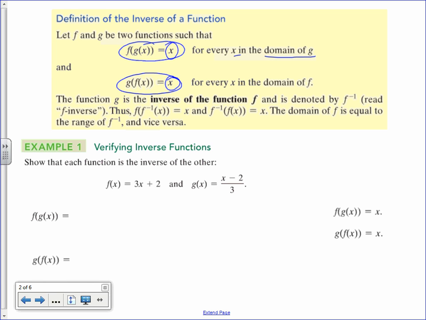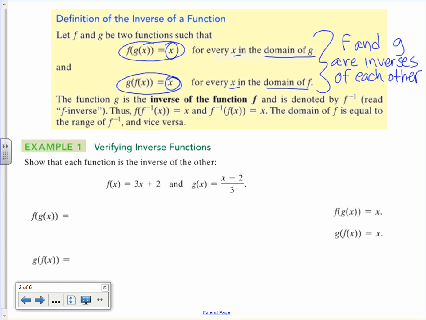So when that happens, we can determine that f and g are inverses of each other. In other words, one will undo the other.